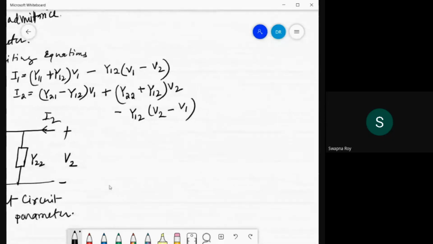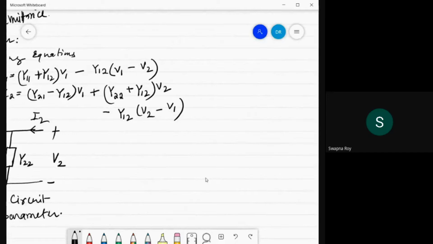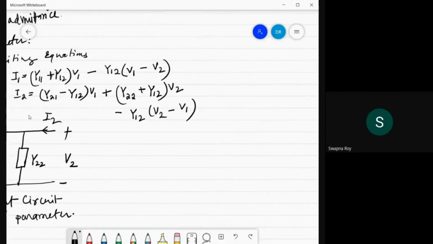So what I am doing now is making another equivalent circuit using these two equations. The concept of nodal analysis is required in this case.